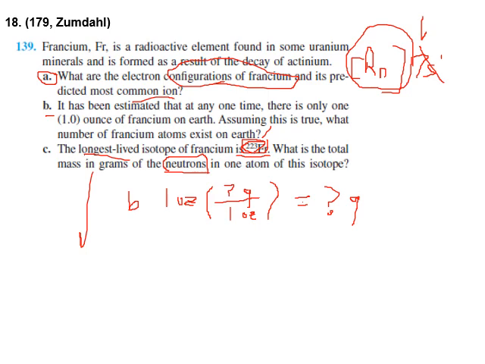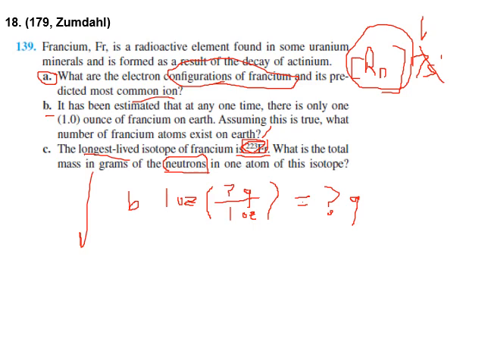That means we need to subtract 223 minus the number of protons. So just find francium on a chart, find its atomic number, which again I think is 85 or 87, and whatever it is, subtract that from 223. And that's going to give you the number of neutrons in one atom of that isotope.